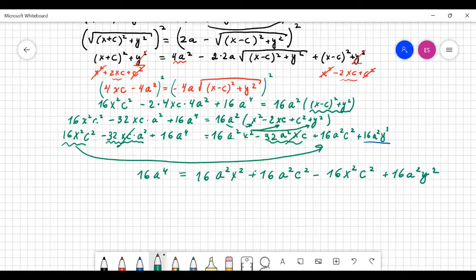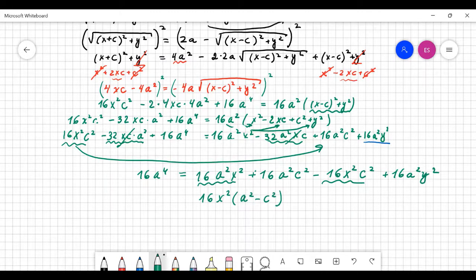Well, what I'm going to do, I'm going to unify a couple of terms here. So I'm going to unify terms with x, these terms together. So what I have, 16x squared, and here a squared minus c squared.